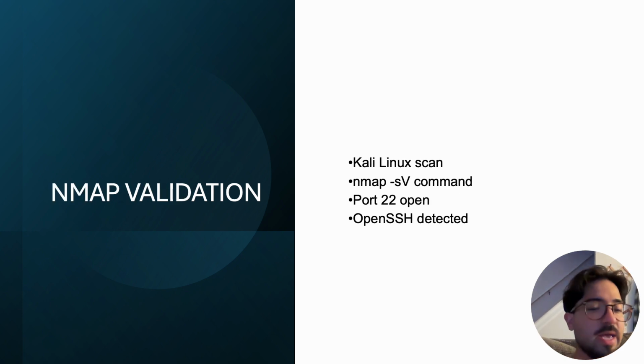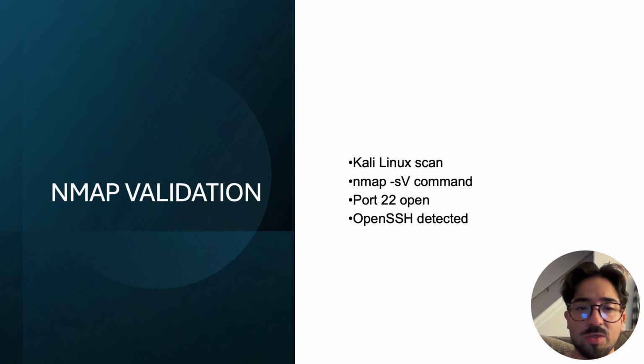Next, we have the Nmap validation, which I performed from Kali Linux against my Linux server. The command I used was nmap -sV followed by the server IP address, and this scan checks for open ports and identifies the services running on those ports.